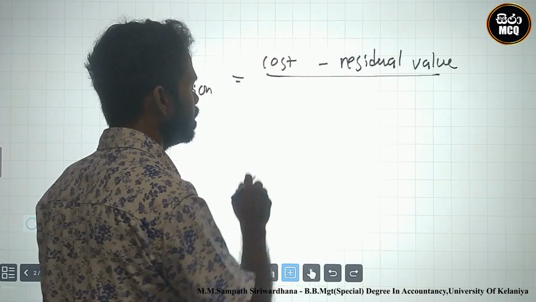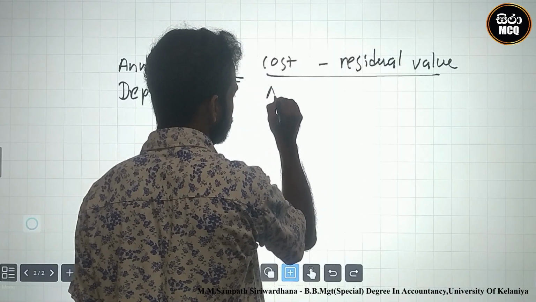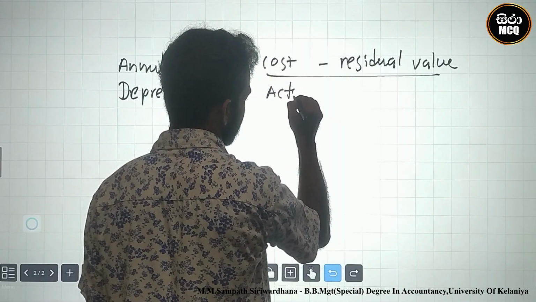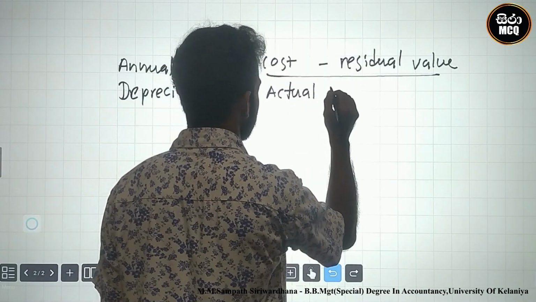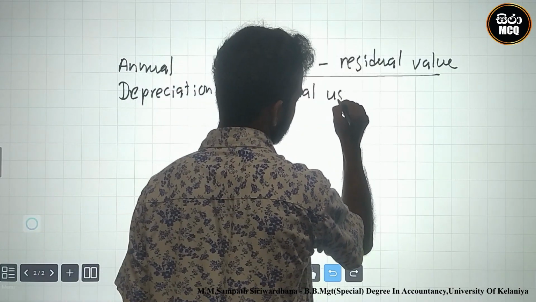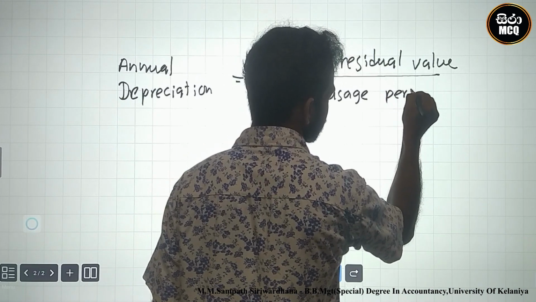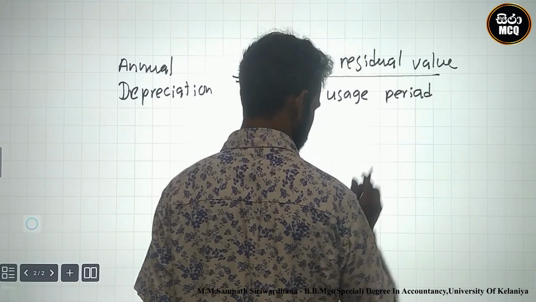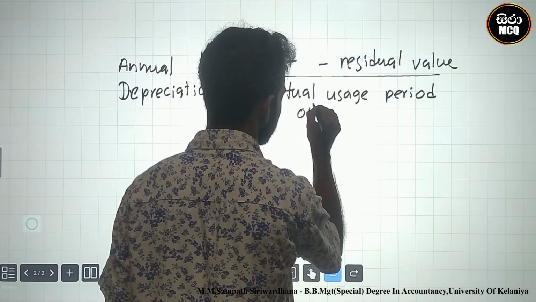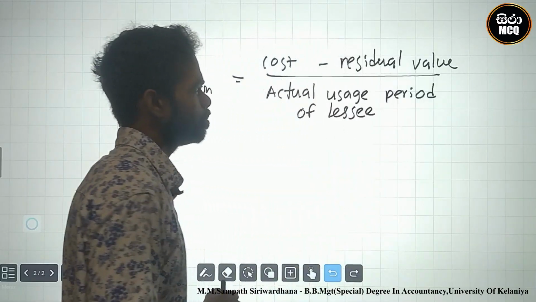There are two options. We must use the actual usage period of the lessee, meaning the purchasing person.